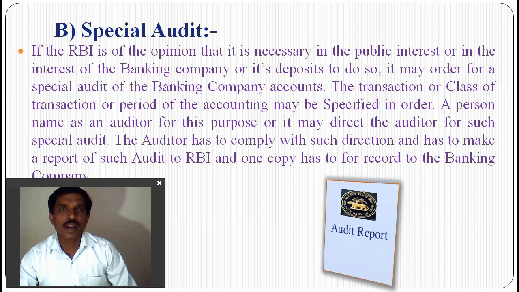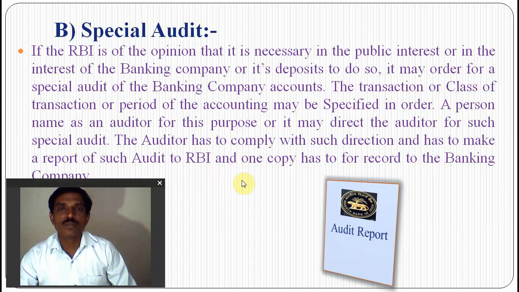So RBI guidelines provide that auditors or a special auditor may be appointed for the special audit, and under the guidelines of the RBI, the auditor has to comply with such direction and make a report of such audit to the RBI, with one copy to the banking company and one copy submitted to the RBI.